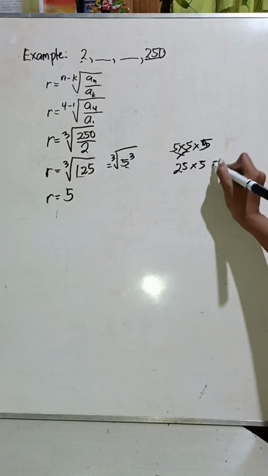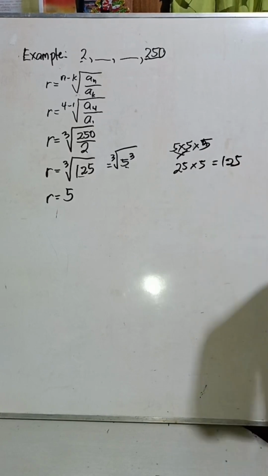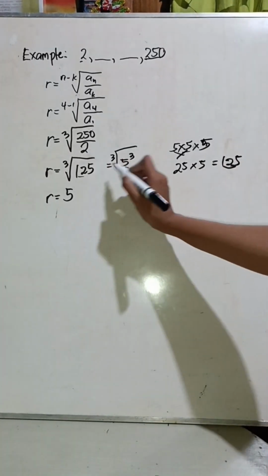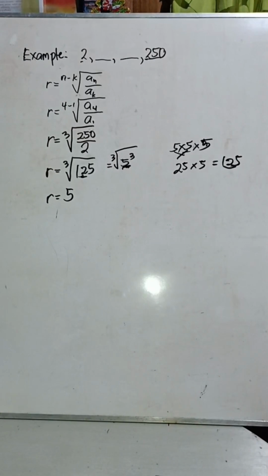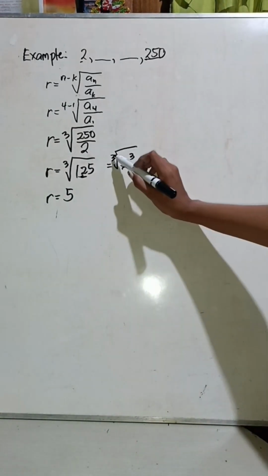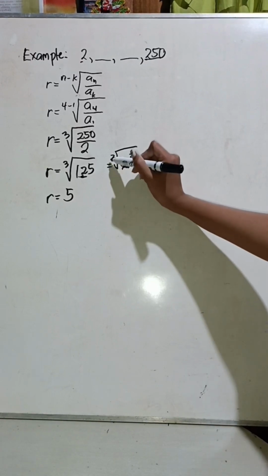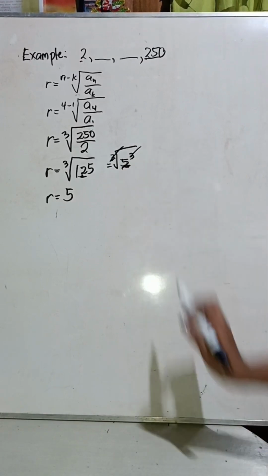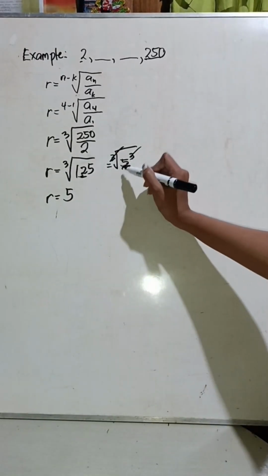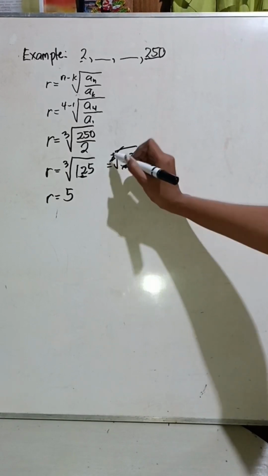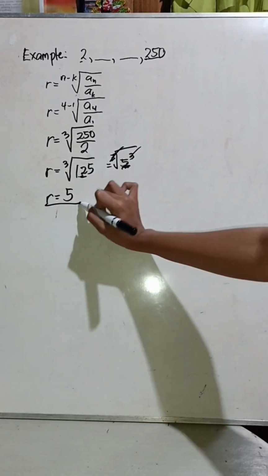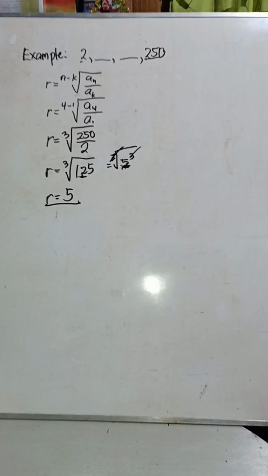So, it's equals to 125. So, cube root of 5 cube. Tanggalon ni siya kanipod. Ang mabilin is 5. Cube root na to. Mao ni 5 ang answer. So, next.